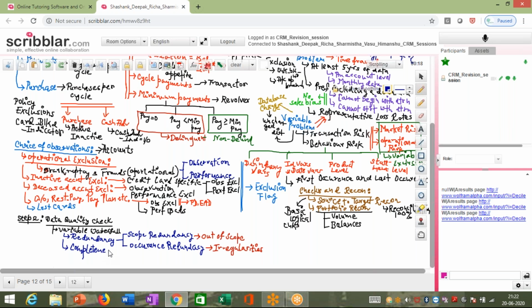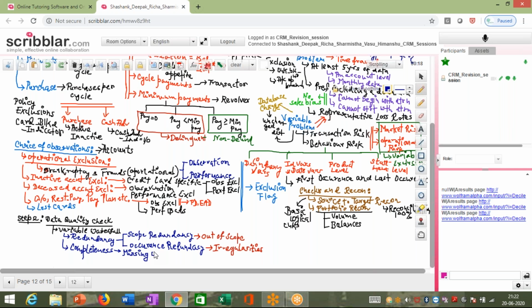How complete are the variables? Now, completeness analysis is nothing but the missing observation analysis. Out of these variables, which are redundant and which are not redundant, what we try to check here is the missing percentages. This is where your missing observation analysis comes into place.